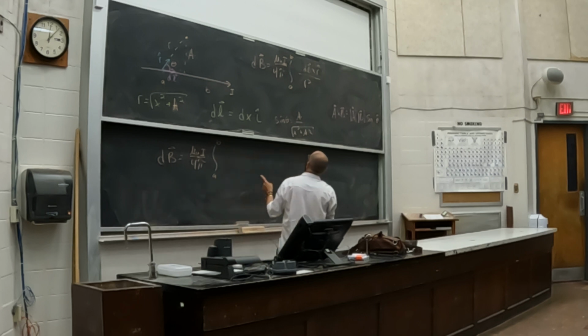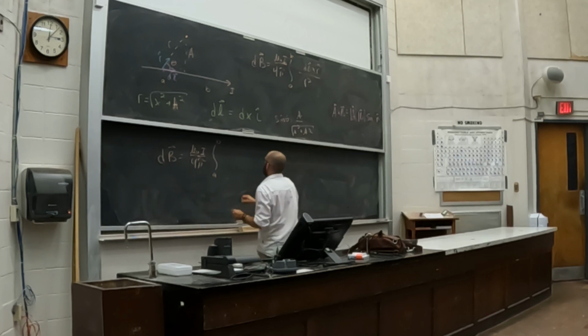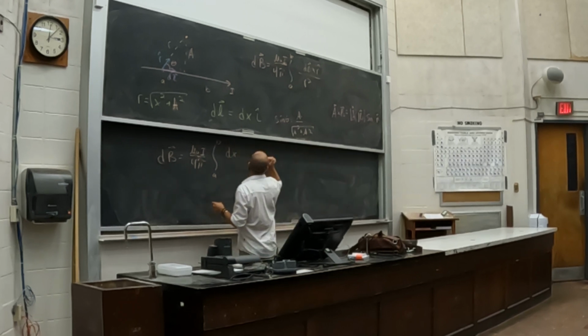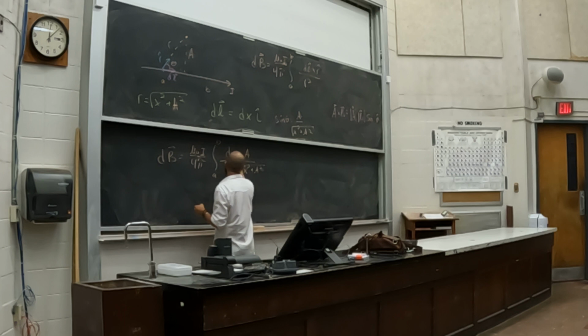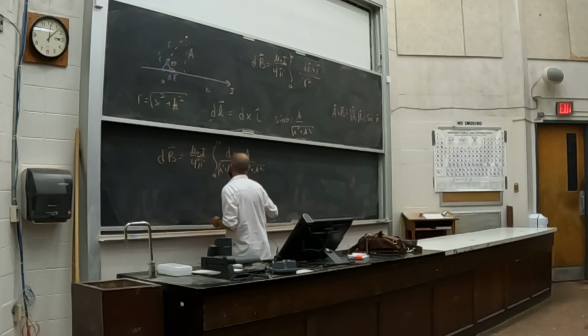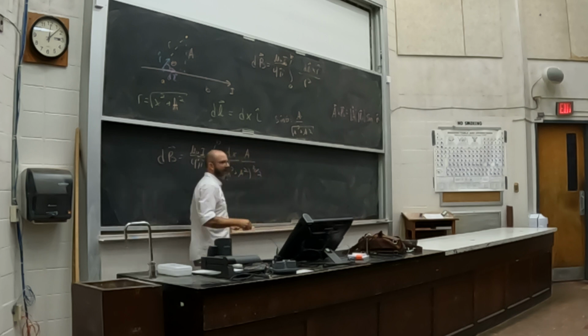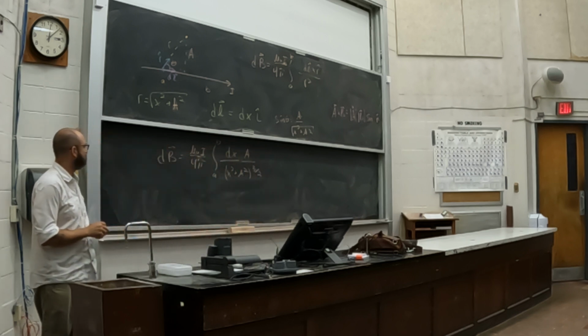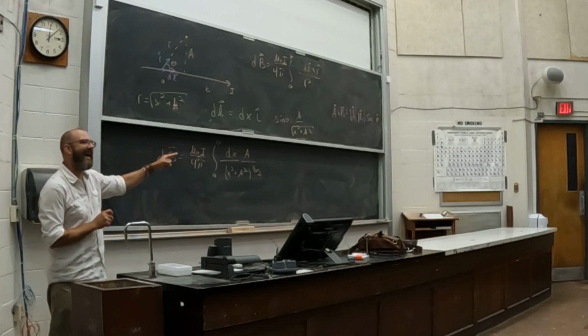I did erase it. dx, and then sin θ, a over the square root of x² plus a², and this itself is over r squared, which is x² plus a². And so what I have in the integrand, let's just put these together. And that's something which we've seen before. Now, what I haven't done is that n hat.